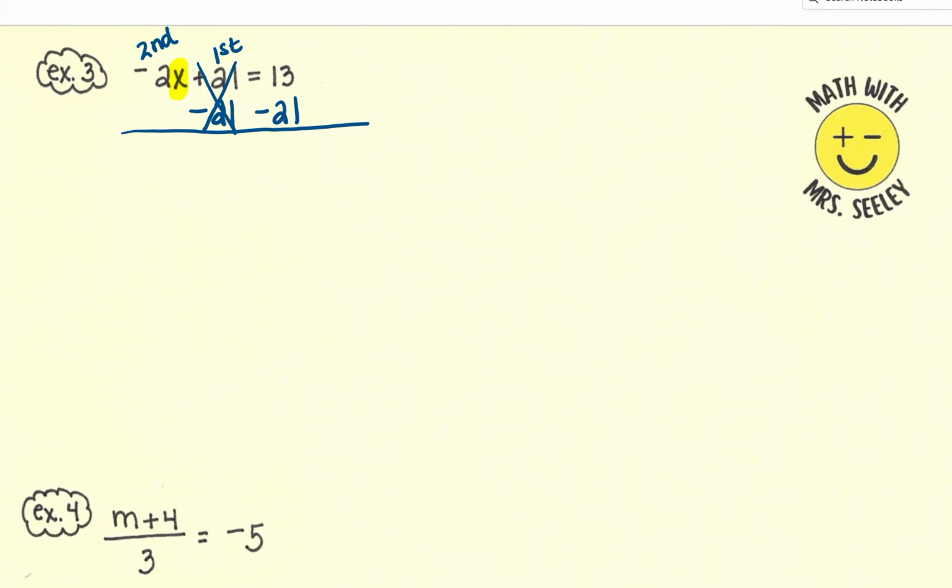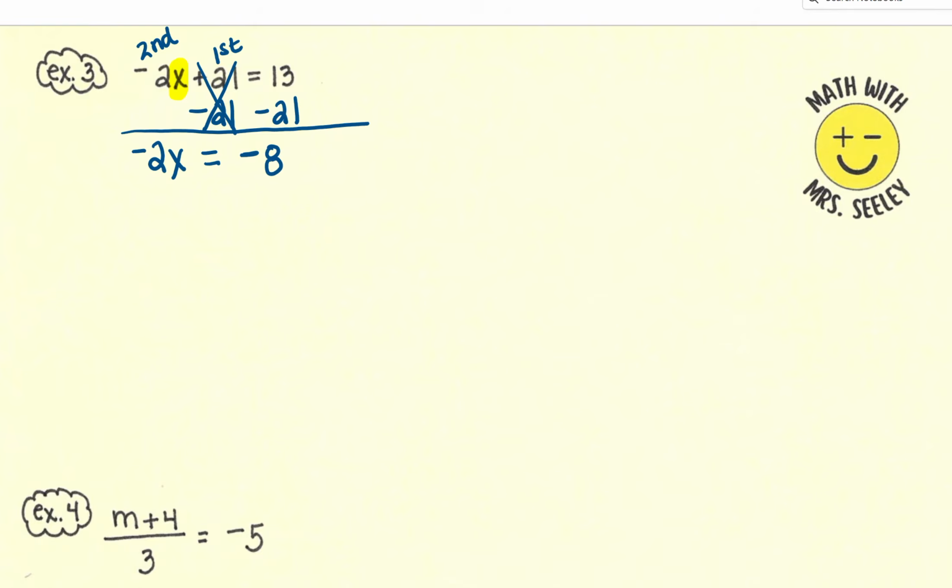The positive and negative 21 cancel. Here, make sure you bring this down exactly like you see it. Make sure you bring that sign with that term, so don't lose your negative sign. Equals, over here, 13 minus 21 is going to give us negative 8.